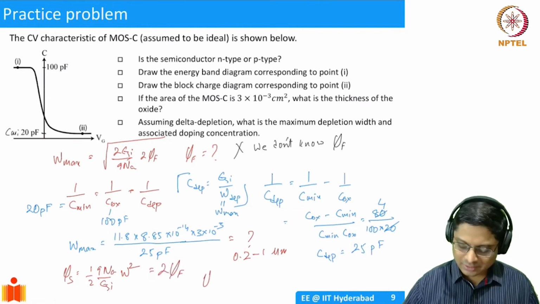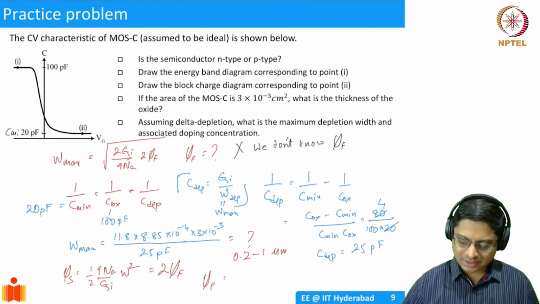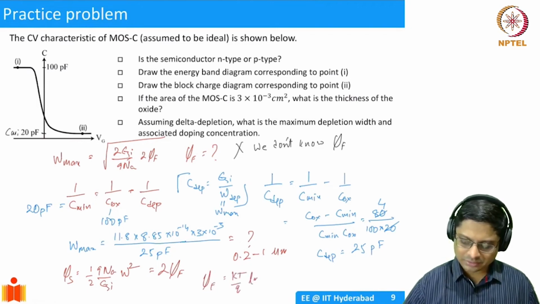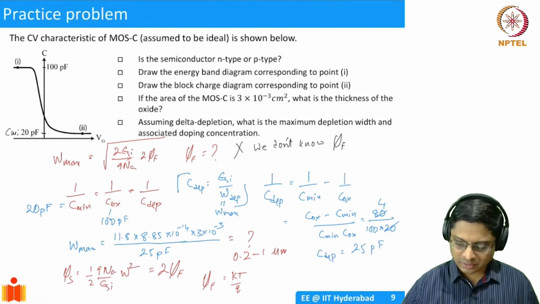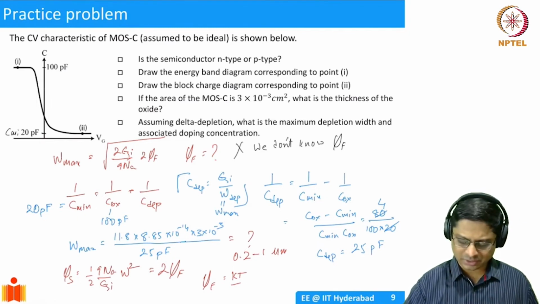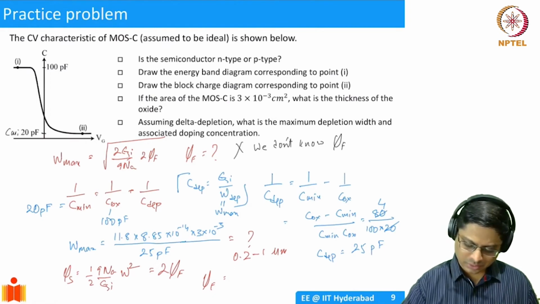Once you get phi f, you calculate KT by Q, ln of... no, not ln. So you want Na, right? Not phi f.